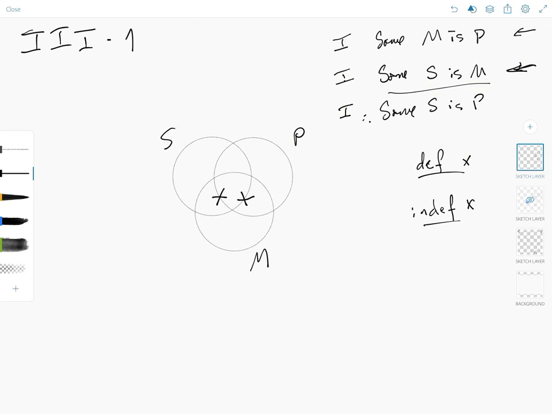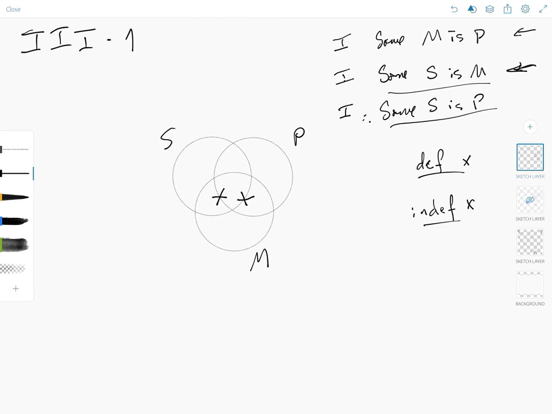Does the diagram as it stands require that there is at least one S that is a P? That's exactly where that circled x would have been if we had been justified in putting it on the diagram, but we weren't because we didn't have enough information to know that there had to be an x in the region where the circled x was.